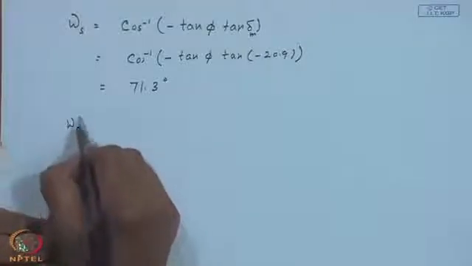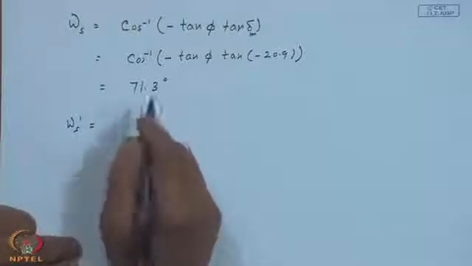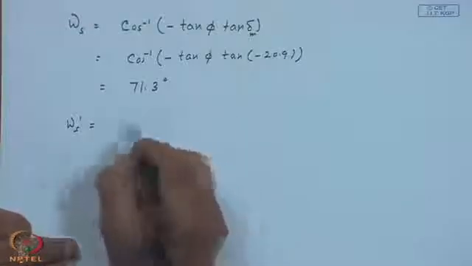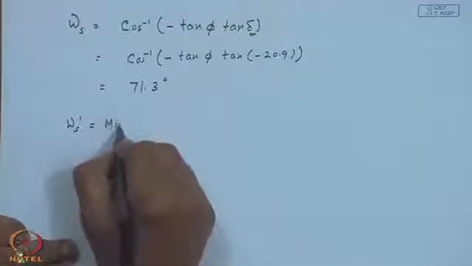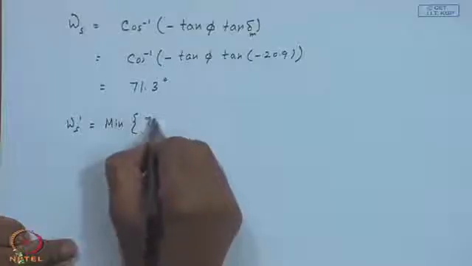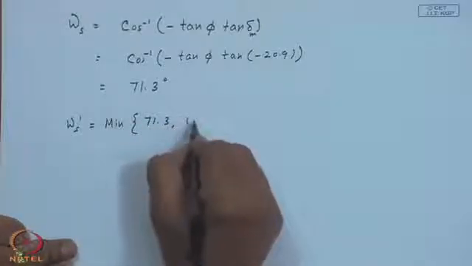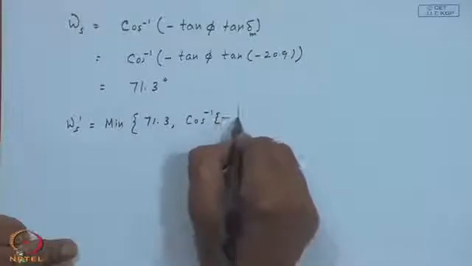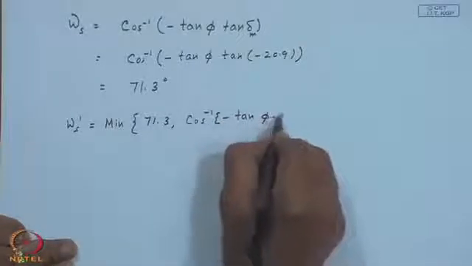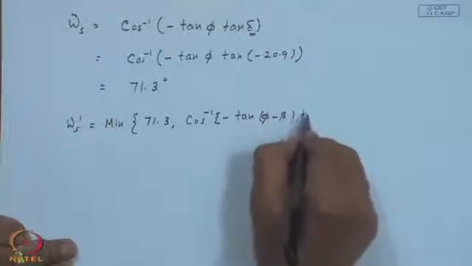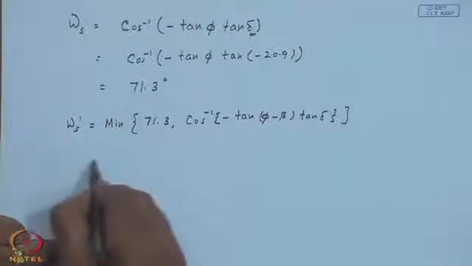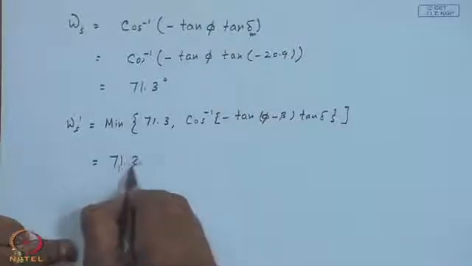And omega s dashed for this south facing surface is the minimum of 71.3 and cos inverse of minus tan phi minus beta tan delta, which is 71.3 degrees.